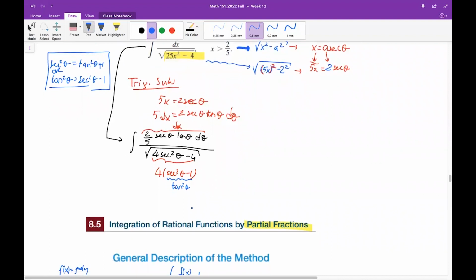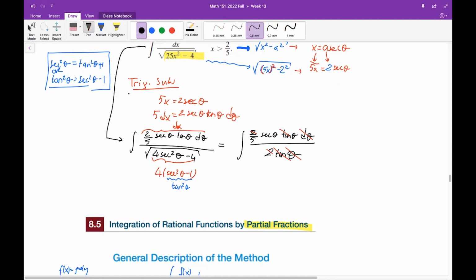So the integral is, let me rewrite it, the numerator part: secant theta, tangent theta, d theta. And at the denominator, we have the square root of 4 tangent squared theta. That's why it is just 2 times tangent theta. Okay, then simplify things. This is gone, this is gone, and these two are gone.